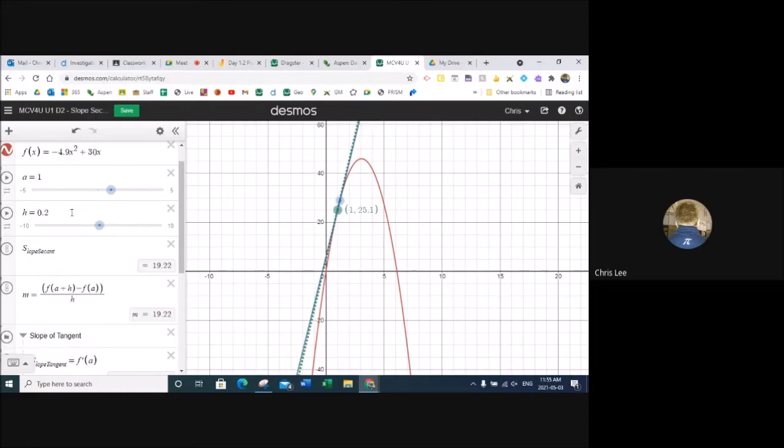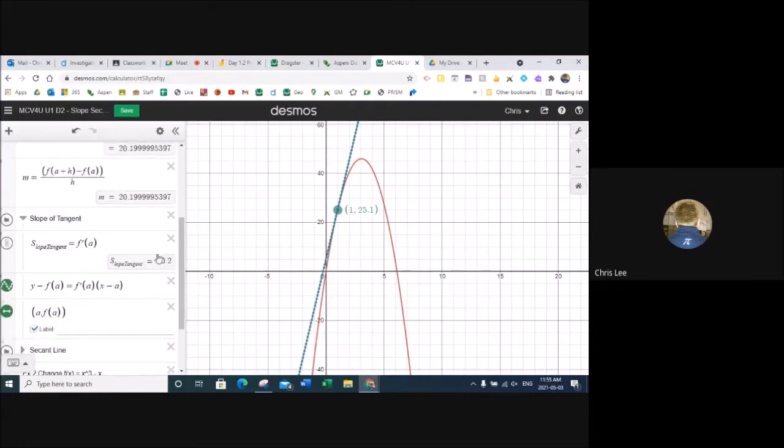As we get closer and closer, our number is getting a little bit bigger. So get that, and you can see it's 20.15. If I put a bunch of decimals, really shrink that, you can see now it's getting closer and closer to 20.2. Put in a bunch, yeah, it's getting really, really close to 20.2. And so the slope of the tangent actually is 20.2.